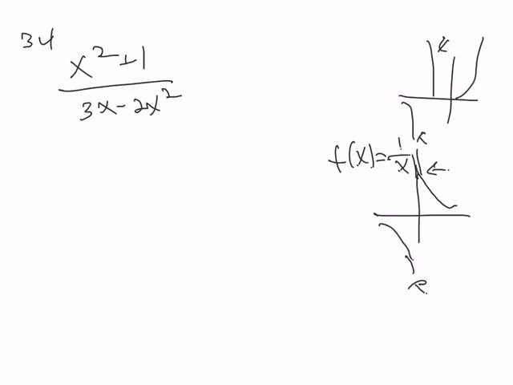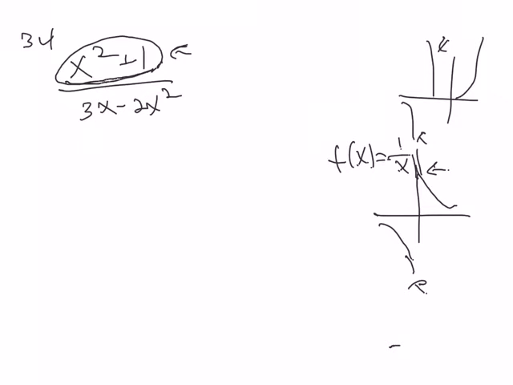Nothing up here can really make that happen, simply because x squared plus 1 can never get to positive or negative infinity without x itself going to infinity. So this thing will not be going to infinity.